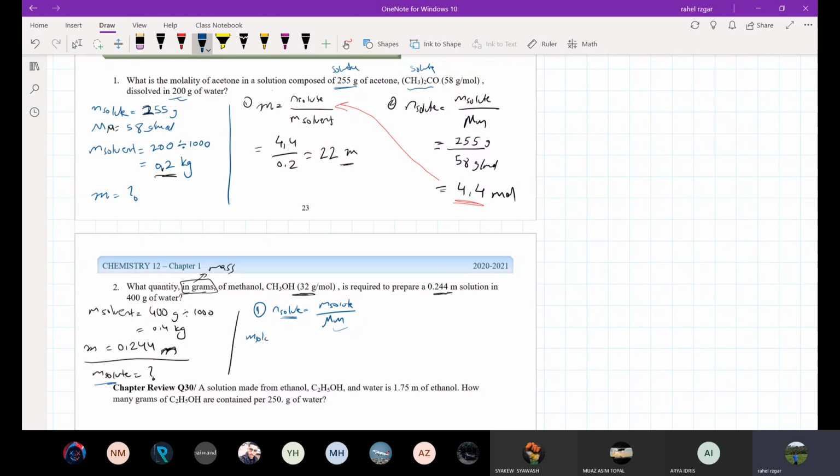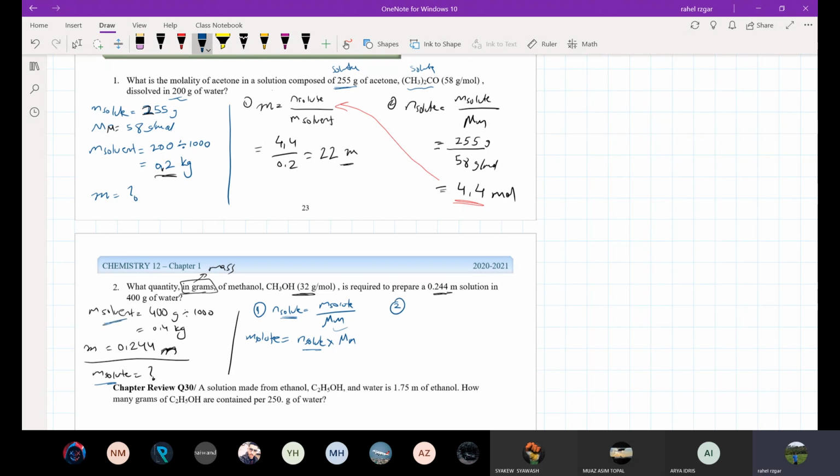So if we change this rule, mass of solute is equal to mole of solute times molar mass. As I said, molar mass is given, but we need mole of solute. How can you find mole of solute? Look at the givens.